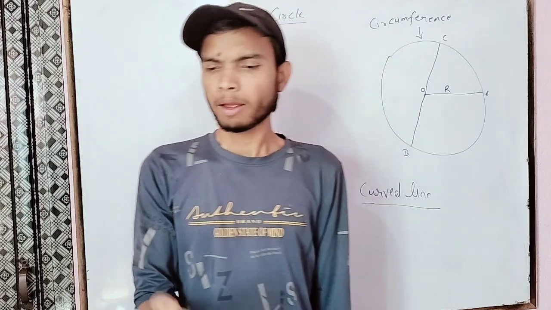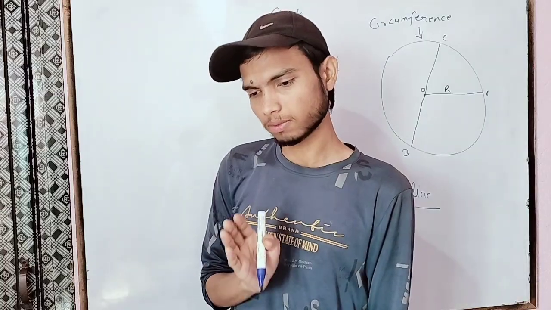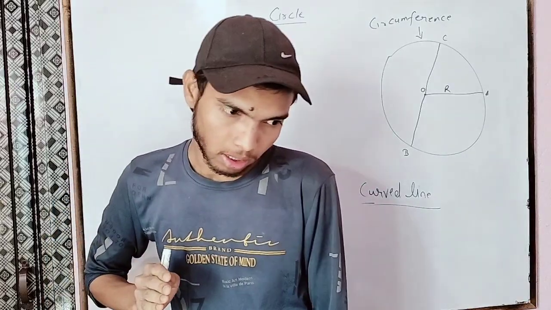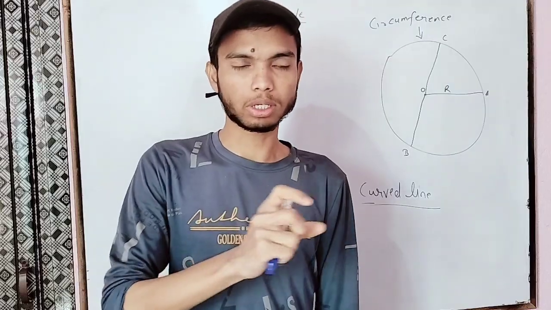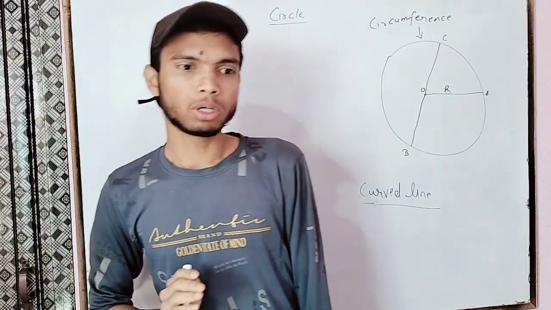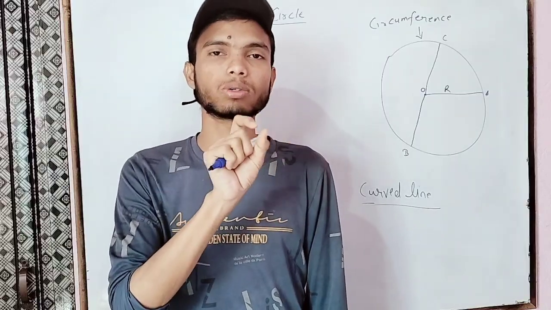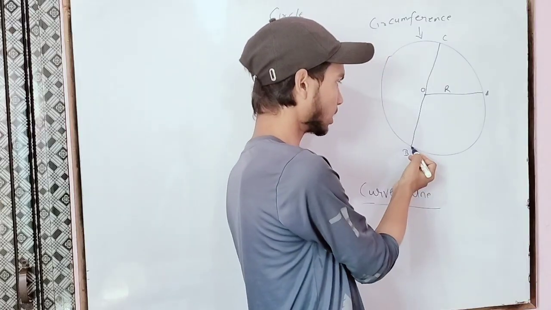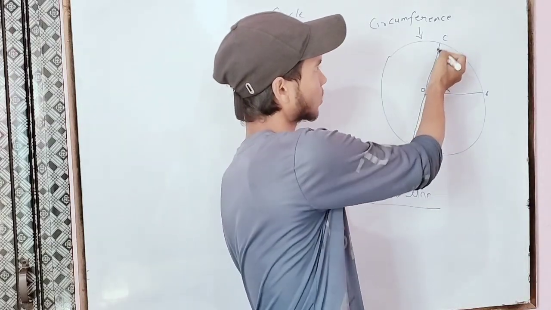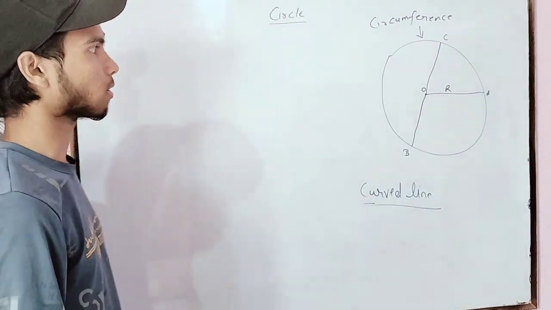A line segment starting from a point on the circumference, passing through the center of the circle, to the next point on the circumference.